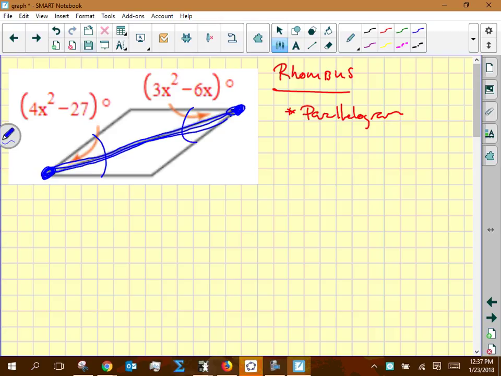Here's the argument. If this picture was just saying that this entire angle was 4x squared minus 27, and this entire angle was 3x squared minus 6x, obviously we'd set those two things equal to each other and move on. We don't have a specific predefined theorem that says that angle right there is the same as that angle right there.